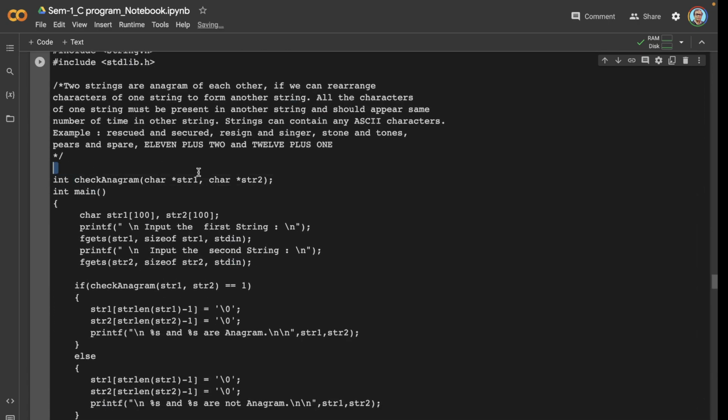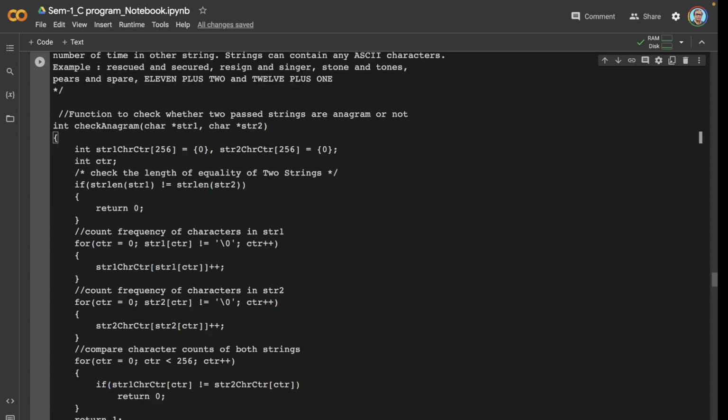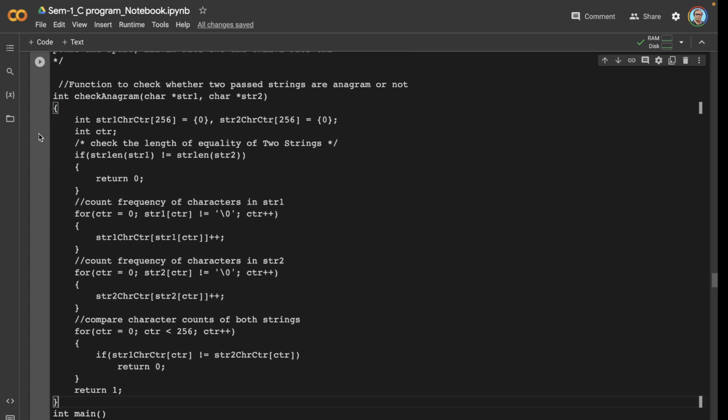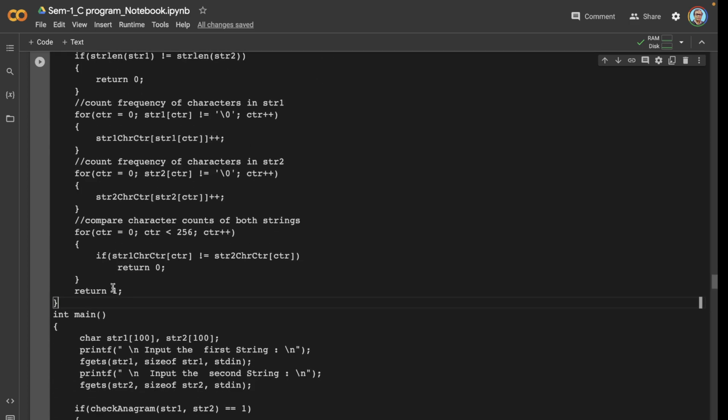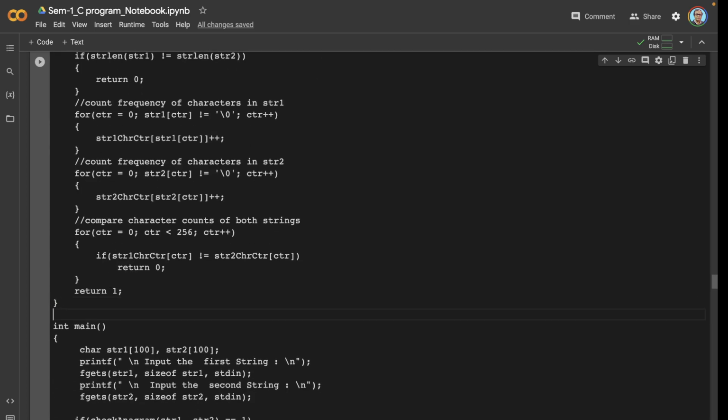First we write this function to check whether the two strings are anagrams or not. This is the function for check anagram, and the main function is this.